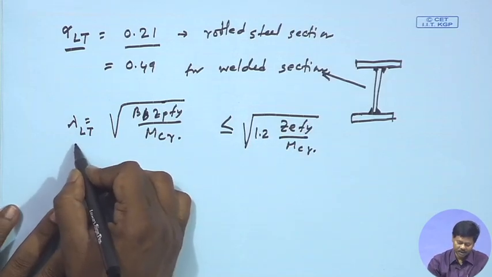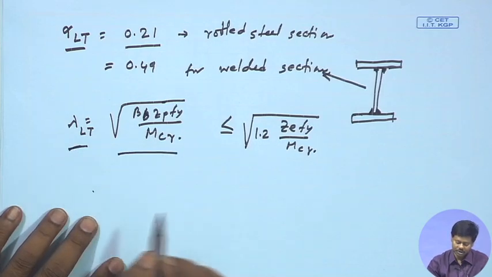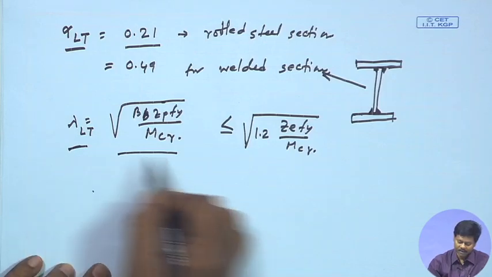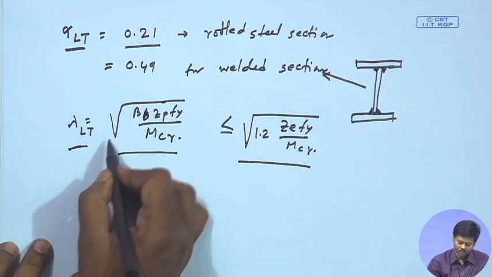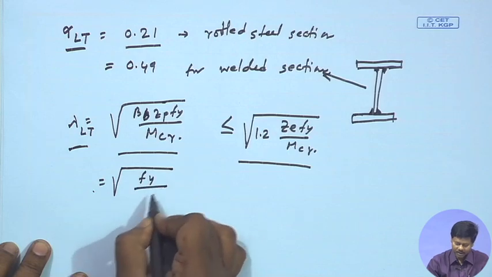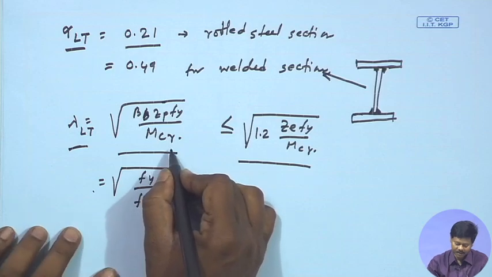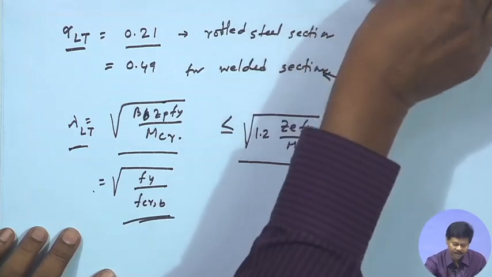So, we will calculate the non-dimensional slenderness ratio from this expression, which is beta B ZP Fy by MCR, and this lambda LT value should be less than or equal to this, that is root over 1.2 into ZE Fy by MCR. So, this lambda LT also we can write as root over Fy by FCRB, where FCRB is the MCR by beta B ZP, right. So, lambda LT we can find from this, right.